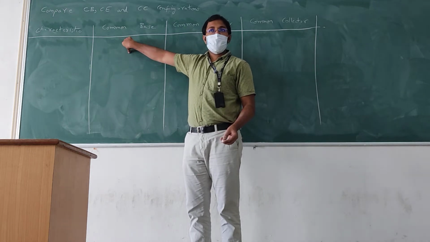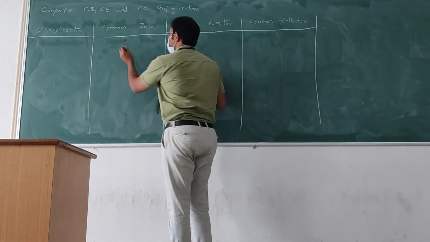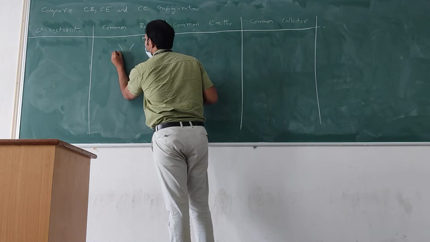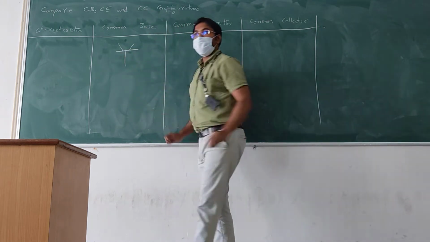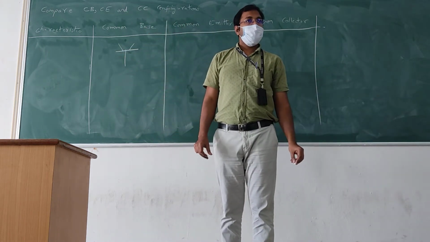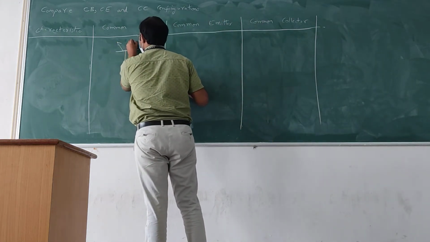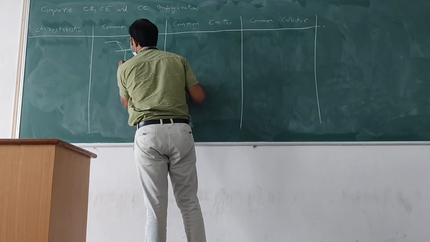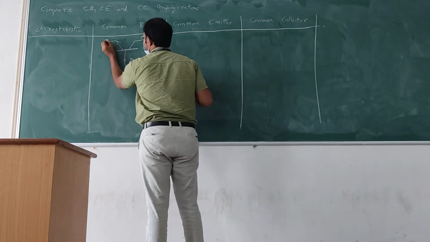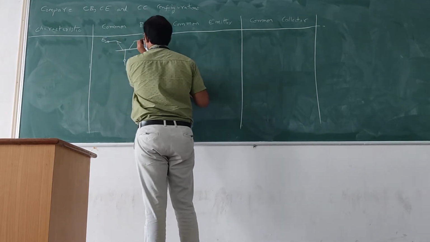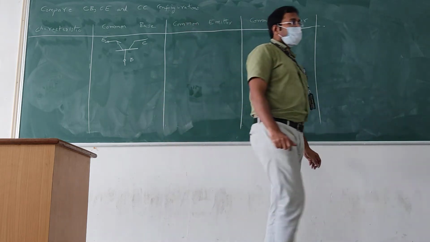Base is towards ground, so we have to draw like this. What terminal is this? Obviously base, then emitter, collector.